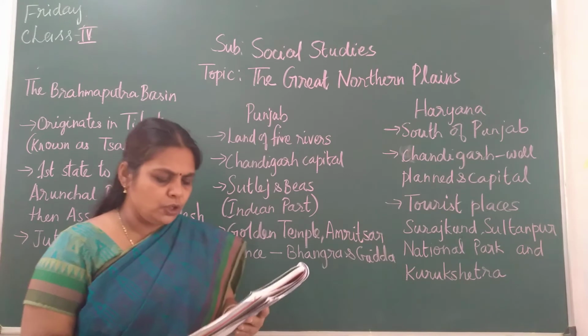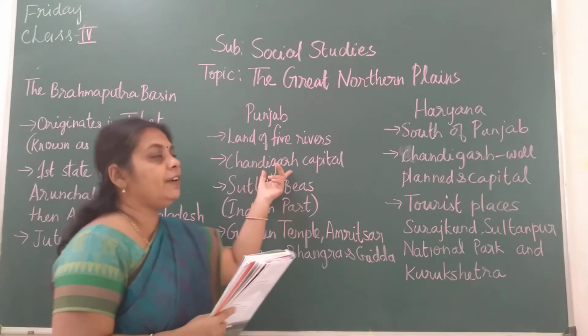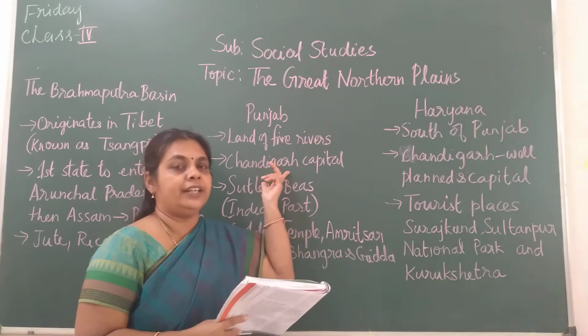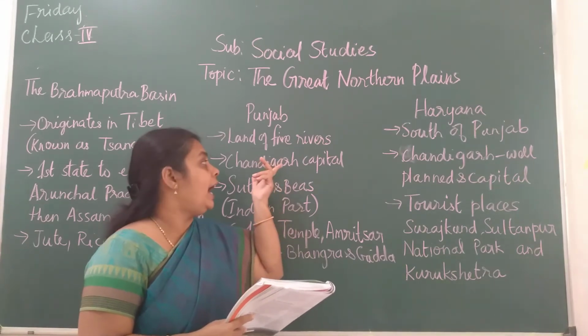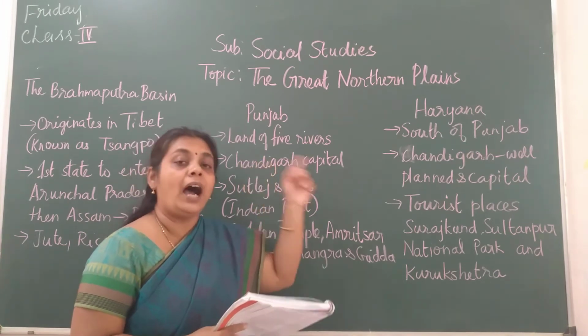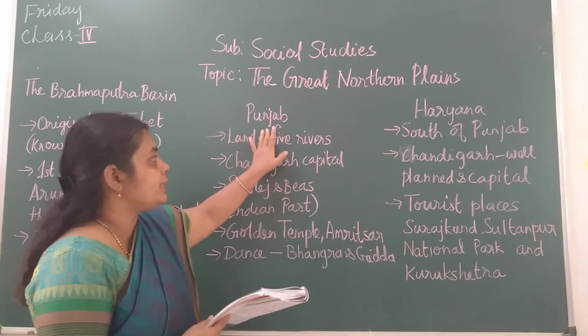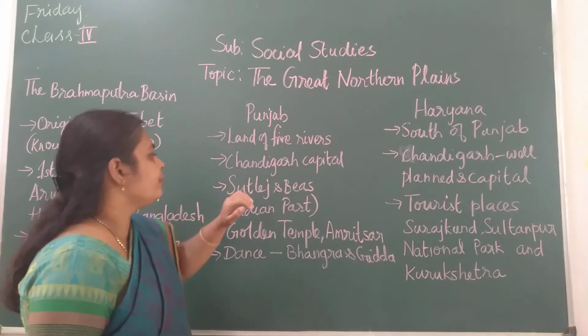Its capital is Chandigarh, children. You would have learnt in the first lesson, Chandigarh is a union territory and it is the capital of both Punjab and Haryana, children.